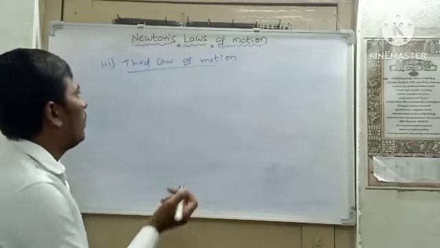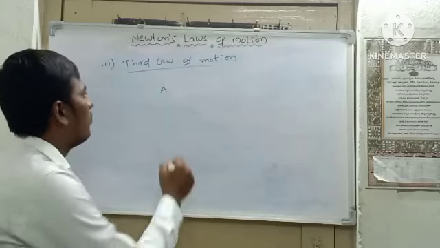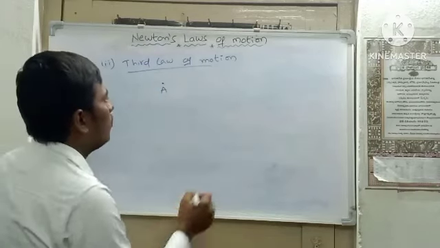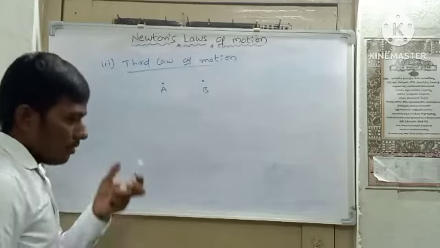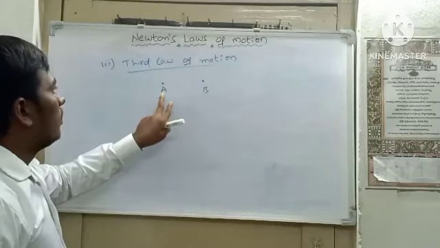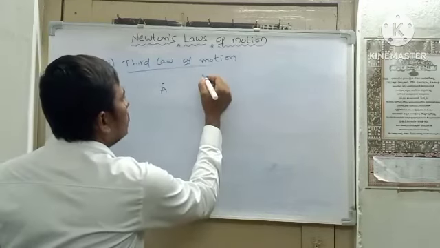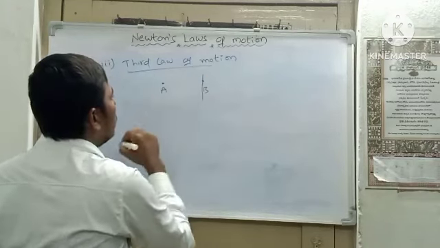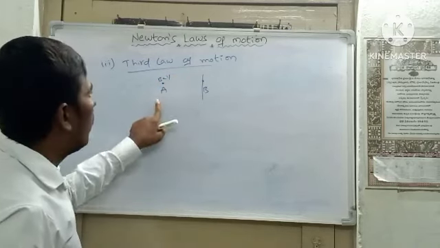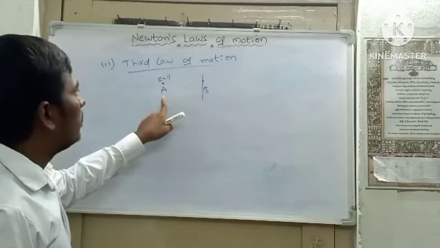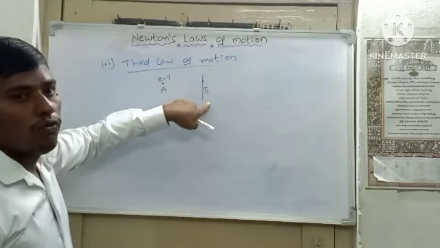Means if we take body A and body B. This is the wall, this is the ball. At point A, we take a ball and throw it on the wall.